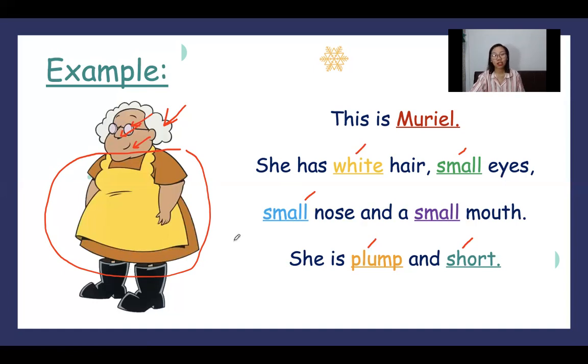Okay, all right, so again, read the sentences you have written about your best friend.